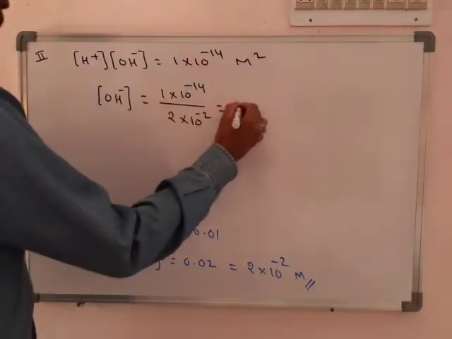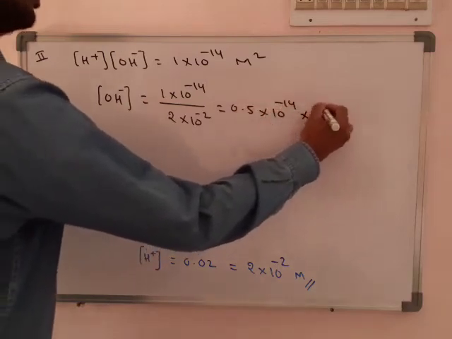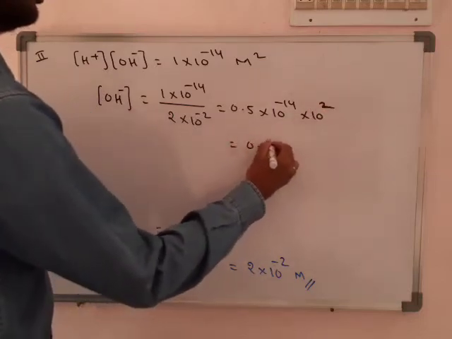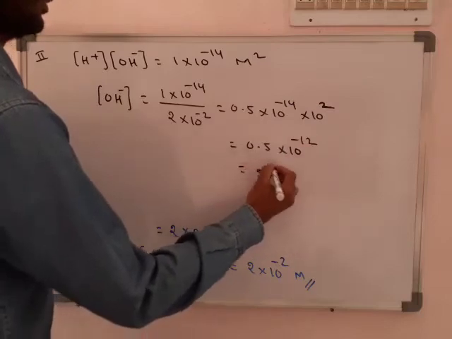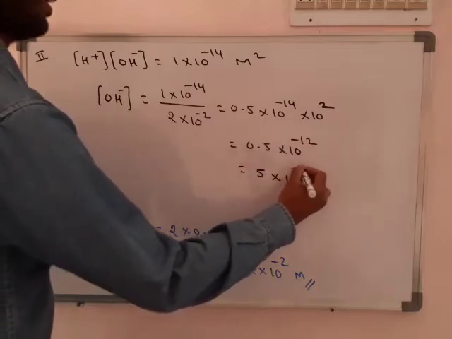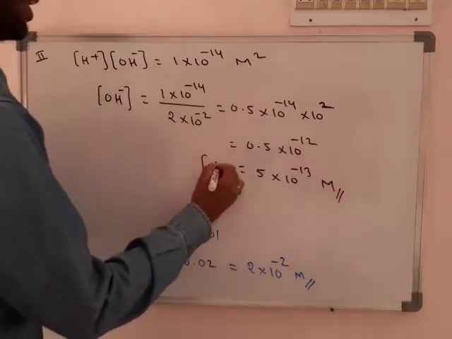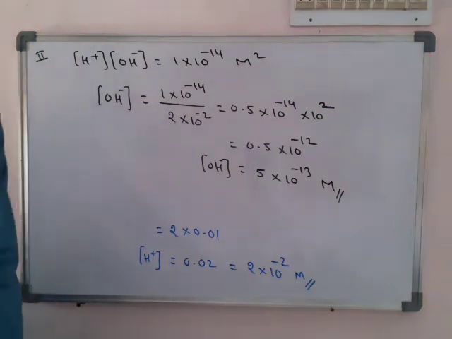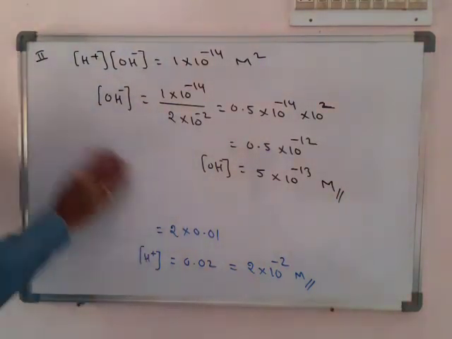So 1 by 2 we can write as 0.5 into 10 power minus 12. Here we are increasing the value, and here we are decreasing the value. So this is the OH minus hydroxyl ion concentration, and this is the H plus ion concentration. Okay, so next see one more problem.